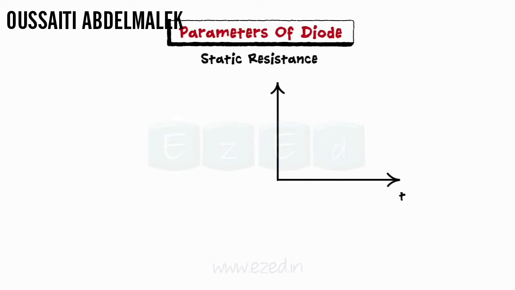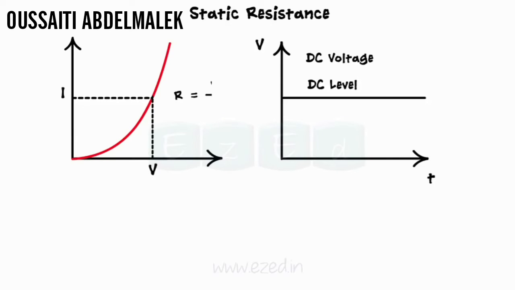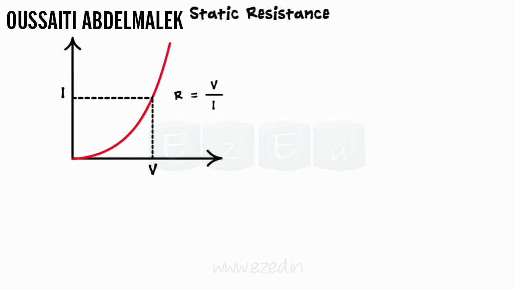When the diode is operated in DC voltage, the resistance of the diode is called DC or static resistance. From the characteristics of the diode, this resistance is calculated by the ratio of V upon I. As the DC source remains constant, we can compute the V upon I ratio throughout the characteristics graph. During forward bias, current through the diode increases with the applied voltage.